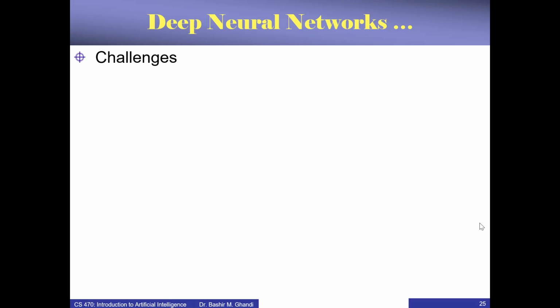What are the challenges in deep neural networks? Well, they are usually slow to converge. So slow convergence is an issue. Convergence here means the predicted output getting closer and closer to the expected output may be slow.